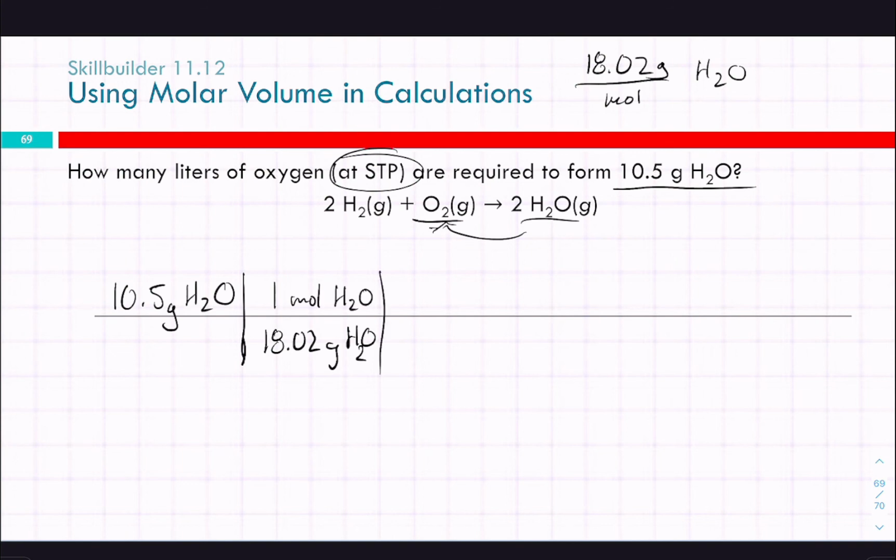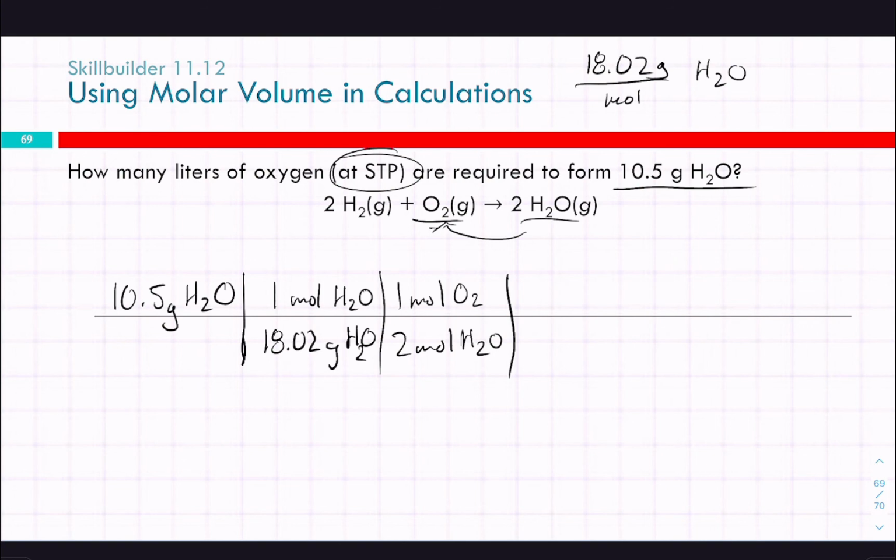H2O. Because our molar volume is only for gases, although I guess this is gaseous water. Okay, now what? Molar ratio. We want moles of oxygen. So there's 1 mole of oxygen to 2 moles of H2O.